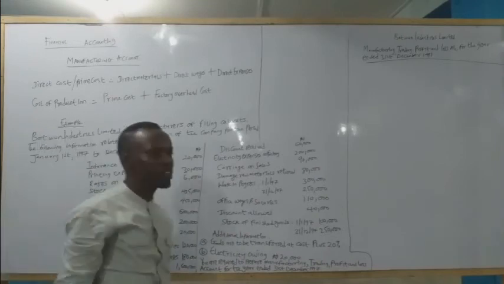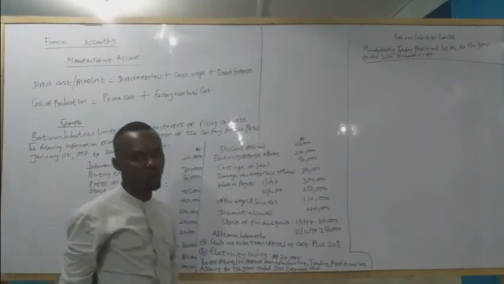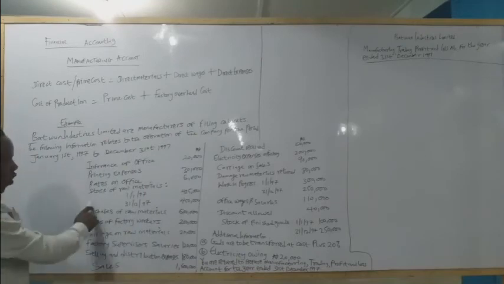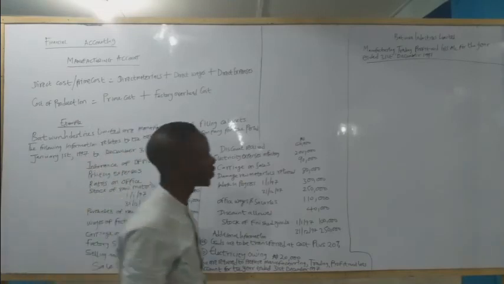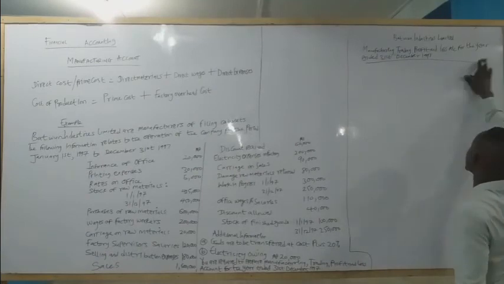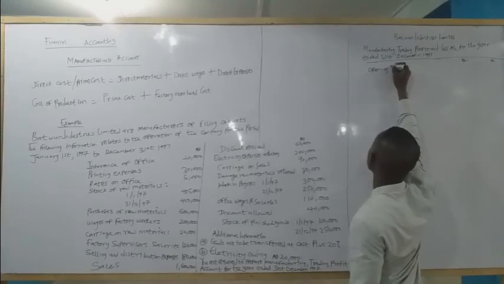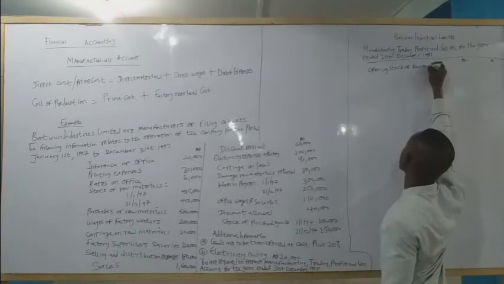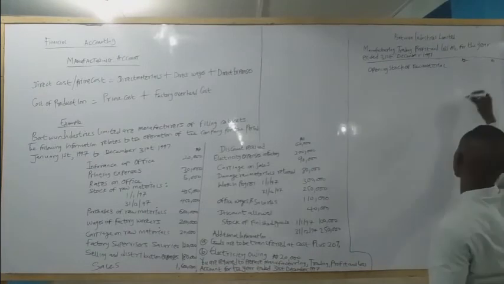So when we are manufacturing, the first thing we need is our opening stock of raw materials. So we get that from here, from the list. We have stock of raw materials as at the beginning, 425,000. Opening stock of raw materials, 425,000.